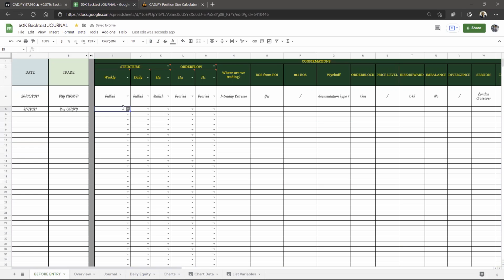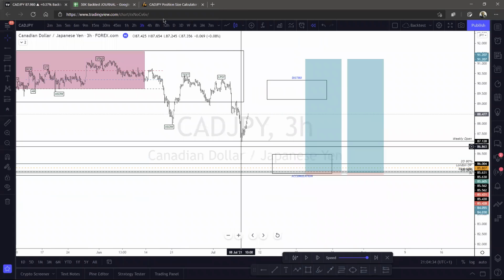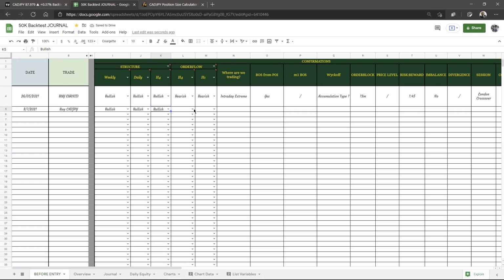Weekly, we're bullish. Daily, we're bullish. H4, we are bullish. Order flow H4, I think we're bearish. Yep, so distro low, pushed in a new low, bearish.